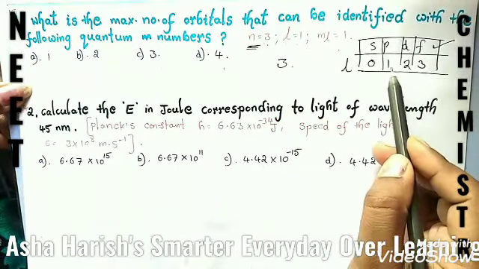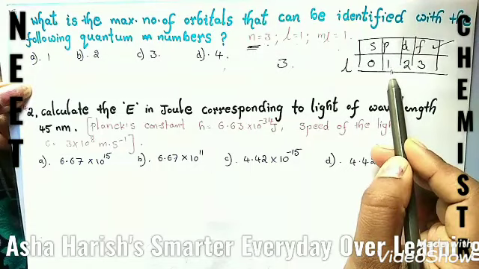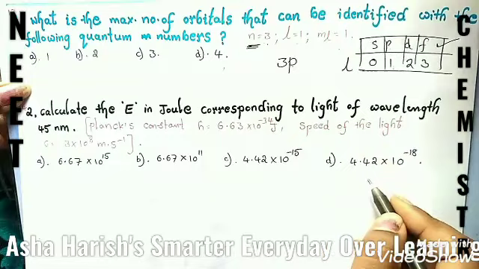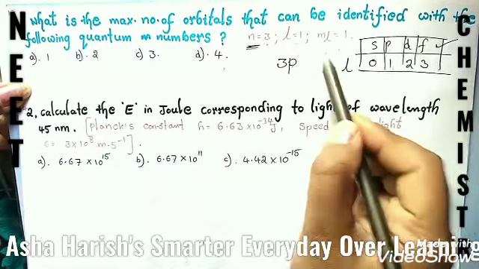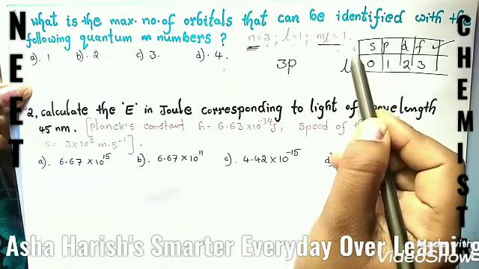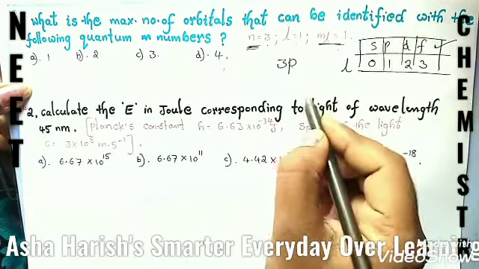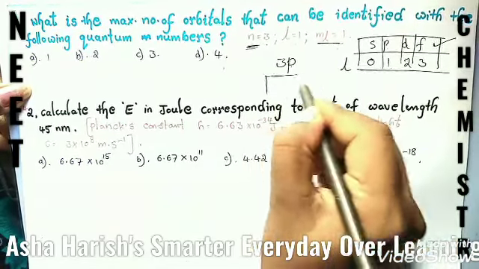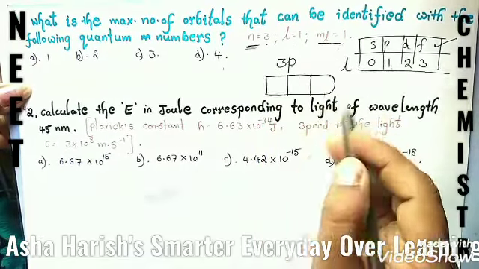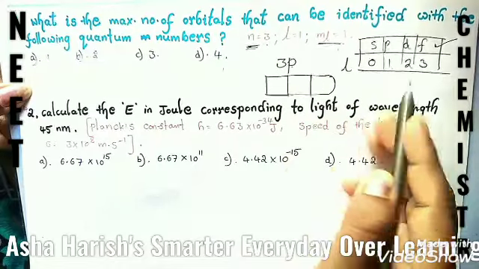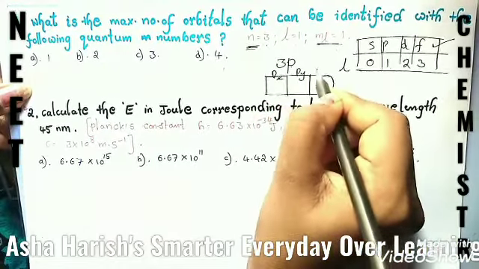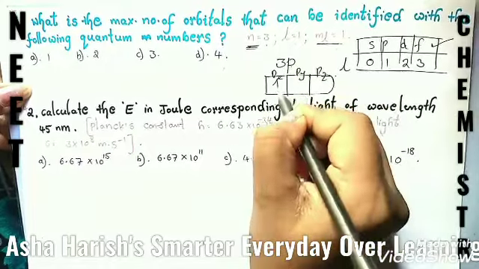Then if you see this tabular form, l value 1 is the p subshell, and the ml value, that is the magnetic quantum number, is 1. That means if you draw the electrons like this, this is the p subshell, and these three are the orbitals: px orbital, py orbital, and pz orbital.